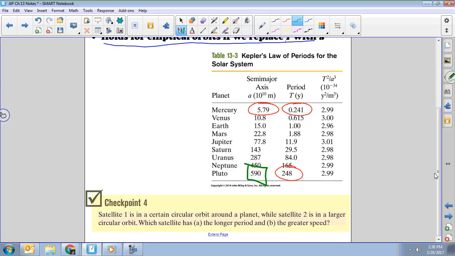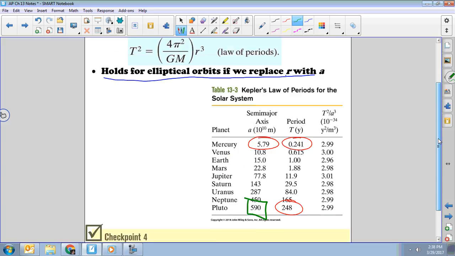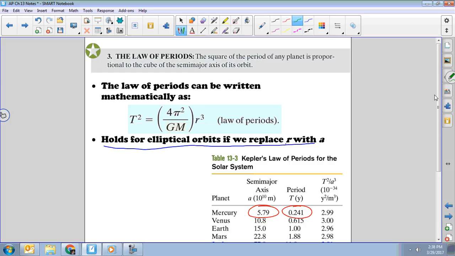Okay, so do you guys agree both Pluto and Mercury are orbiting the sun, right? So this value is going to be the same for both Pluto and Mercury, right?